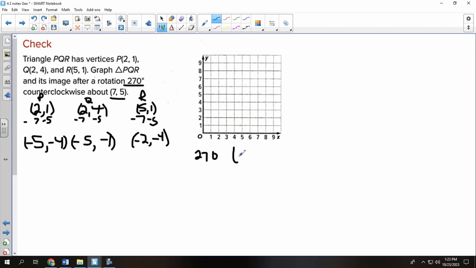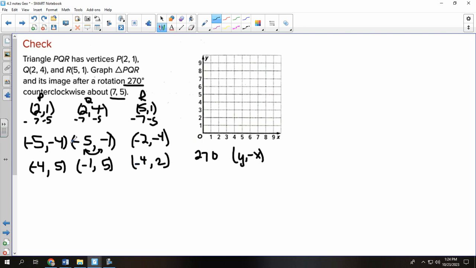We are going to switch the x and y and make the second one negative. So we go negative 4, and instead of negative 5, it's going to be positive 5. So we switch them, and then we change that second one from a negative to a positive. So these two are going to switch, and we're going to change that negative 2 to a positive 2.